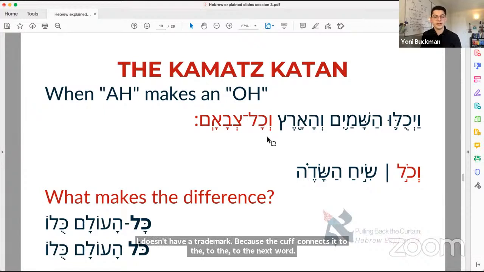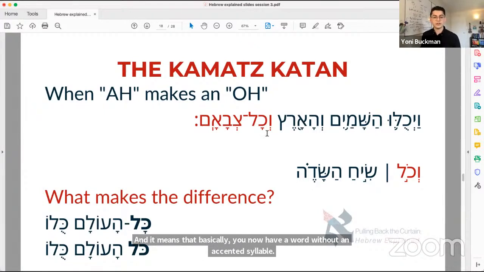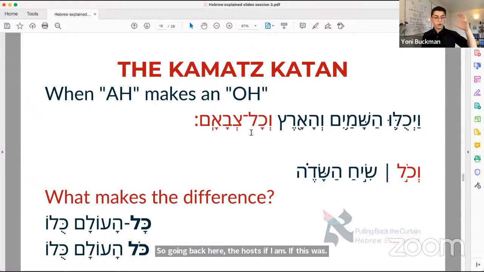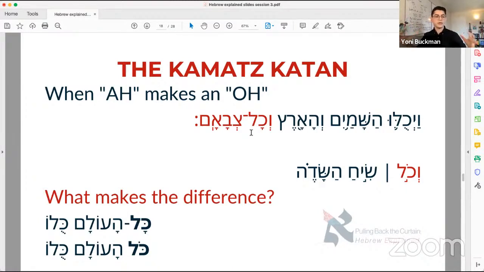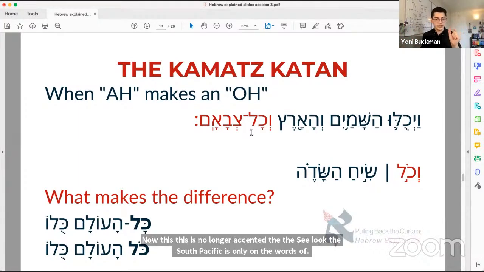So v'chol is unaccented. So now you have this vowel in a closed syllable. The normal kamatz is a big sound, that ah sound. It's a long vowel. It likes to be in an open, powerful syllable. Now you have it in a closed syllable, and so it shortens itself into an o sound, a short o.